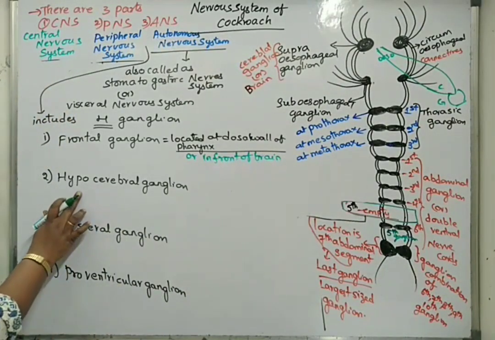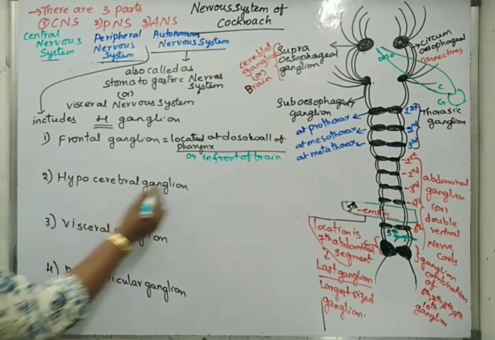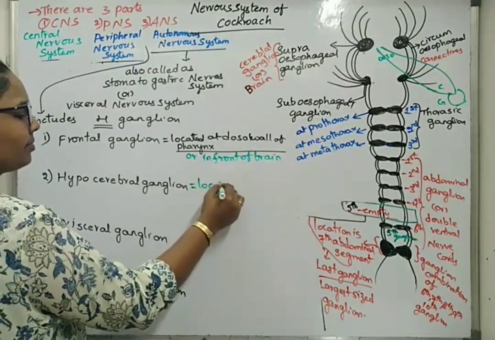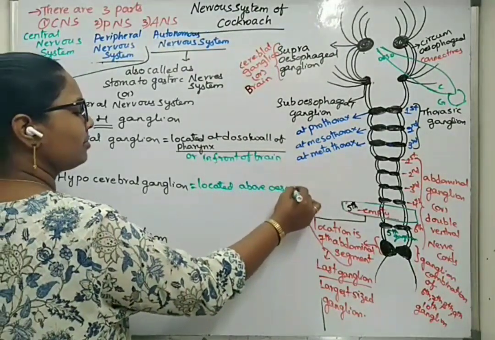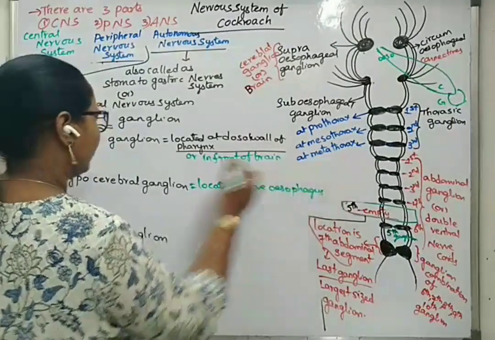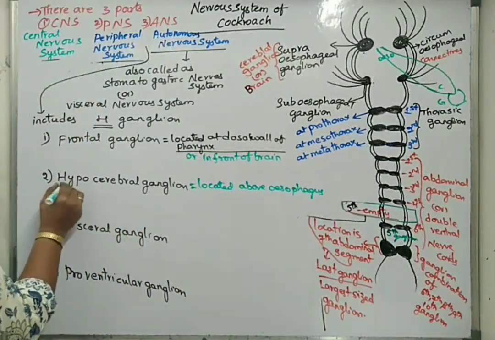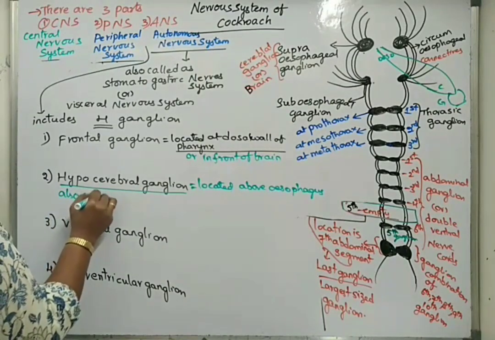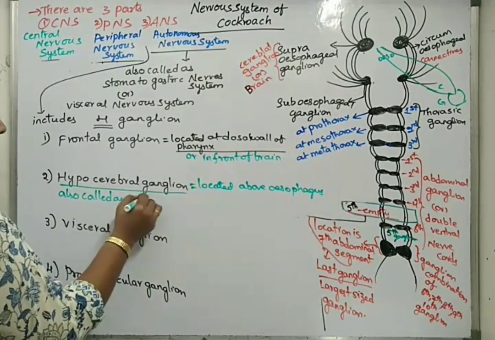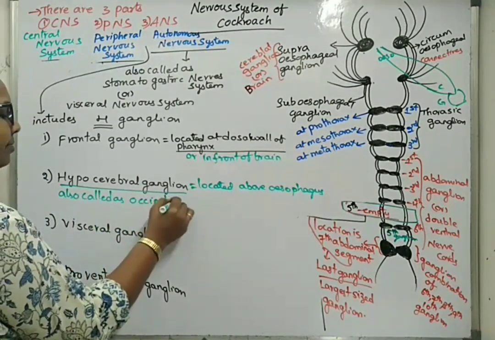Now, the hypocerebral ganglion, what is its location? It is located above the esophagus. The hypocerebral ganglion is also called the occipital ganglion.